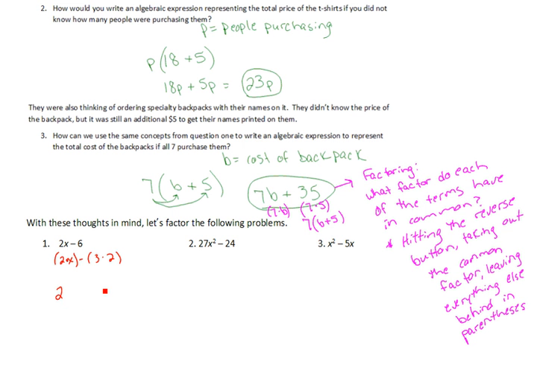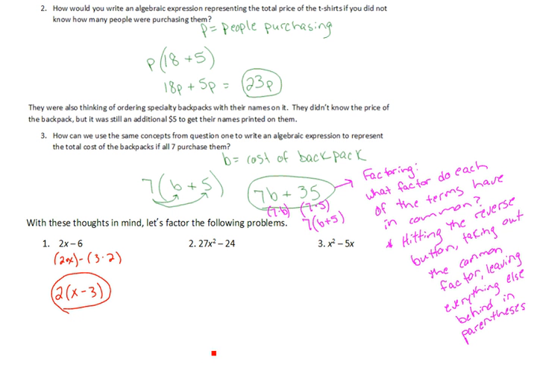I'm going to reverse distributive property, and then I'm going to say that what is left over is an x and a negative 3. Okay, does that work? If we hit the reverse button, this actually says 2x minus 6, so yes it does. So we did effectively factor this by taking the factor of 2 out and leaving the terms behind that do not have that factor of 2.